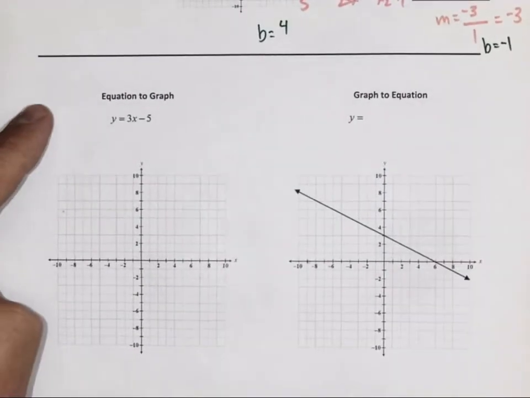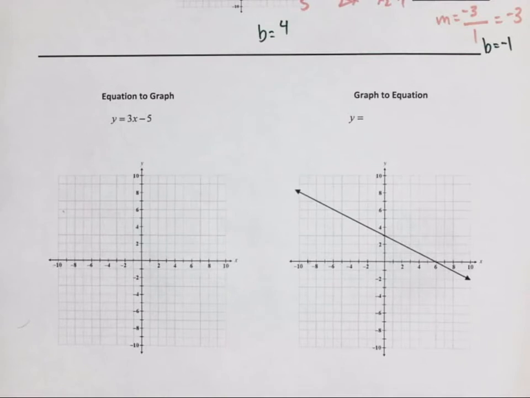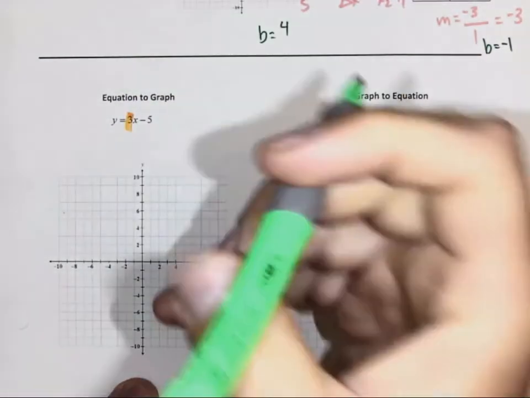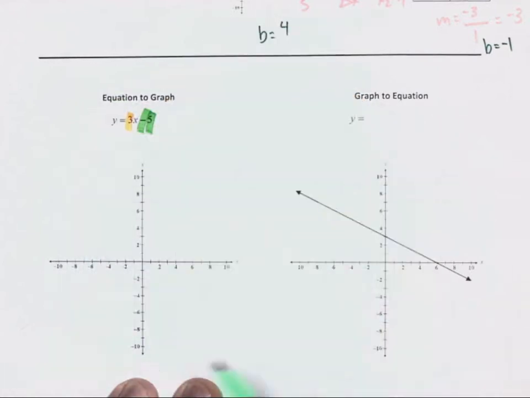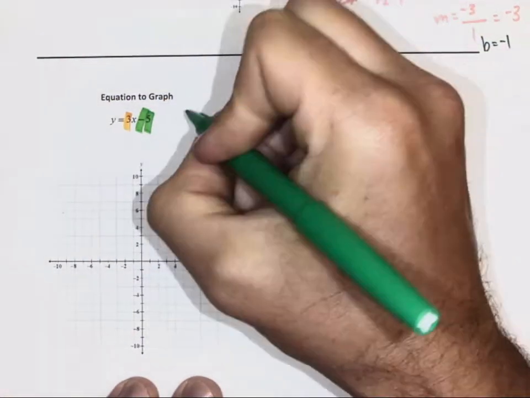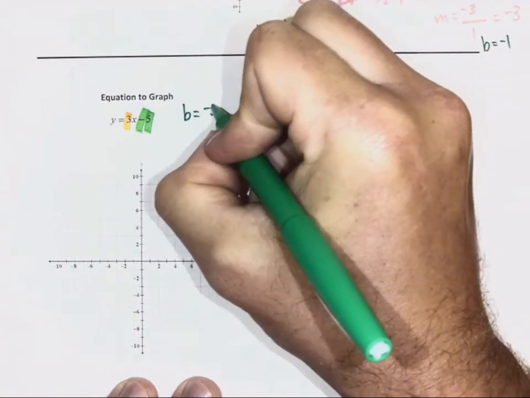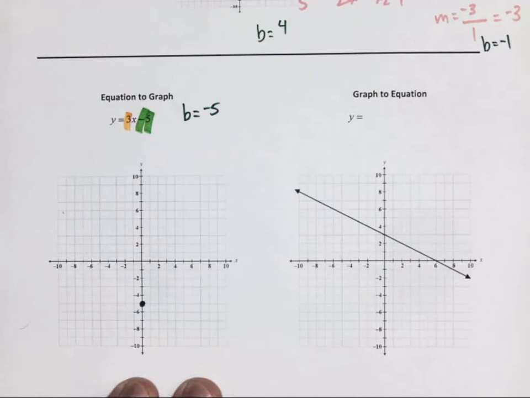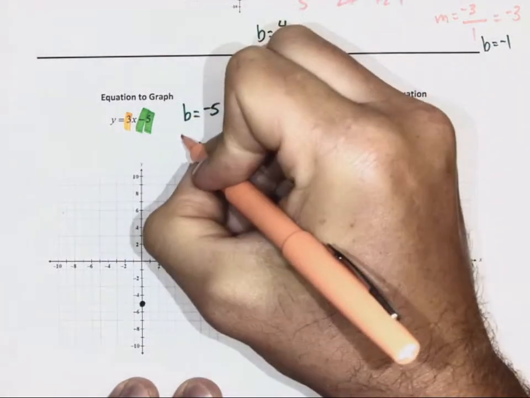We're going to go from the equation to a graph. We've already done this. Easy peasy. We have our slope. We have our y-intercept. To do that, what I need you to show is I need you to actually state the y-intercept. b equals -5. Put it on the graph. I need you to state the slope.